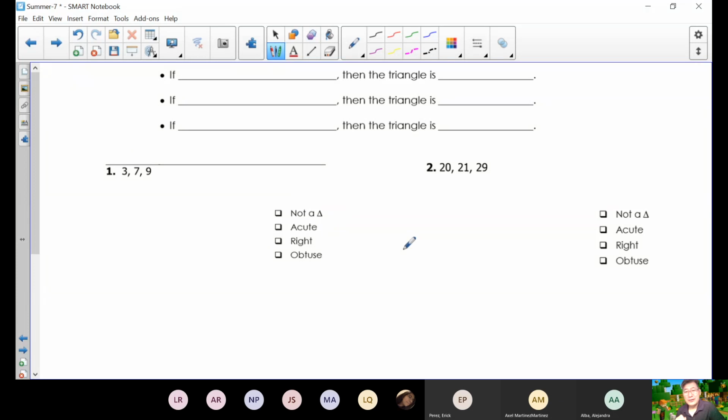So now there is a rule. If a square plus b square is equal to c square, then the triangle is what? Right triangle, right? If a square plus b square is greater than c square, what happened?